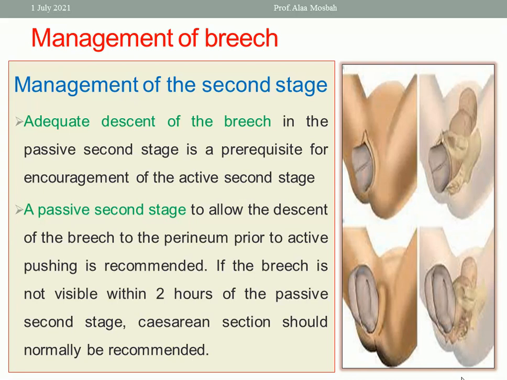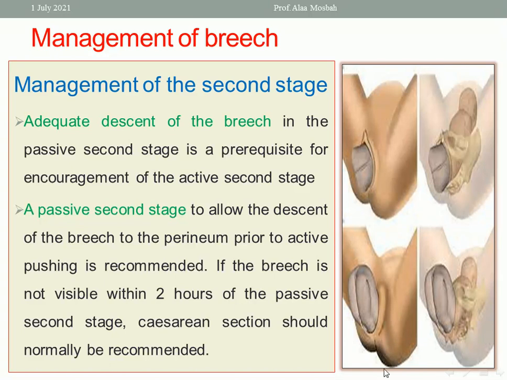A passive second stage to allow the descent of the breech to the perineum prior to active pushing is recommended. So you let the breech descend until it reaches the perineum. Then you ask the patient to bear down after that.